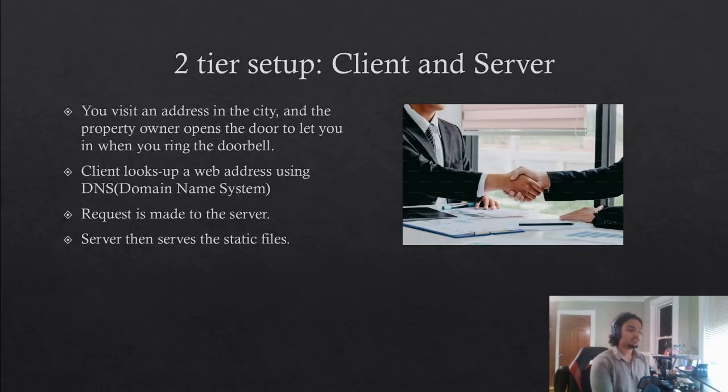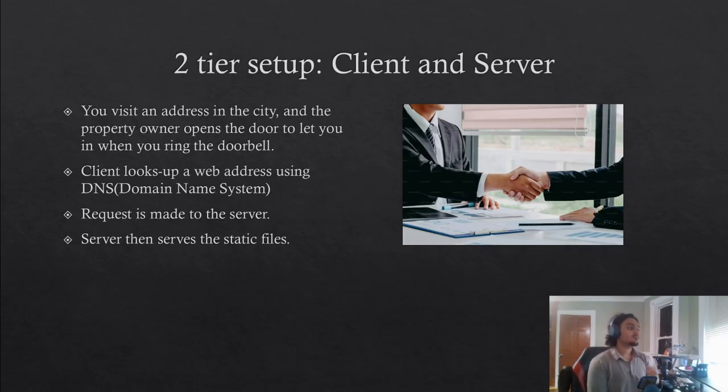Now we move on to the different types of setups of web architecture. The most basic one is the 2-tier setup, which is direct client and server connection. If you want to visit an address in the city, you will first look up the address using DNS, domain name system. That's like the web URL, that's the address.